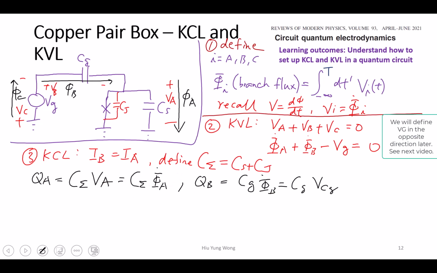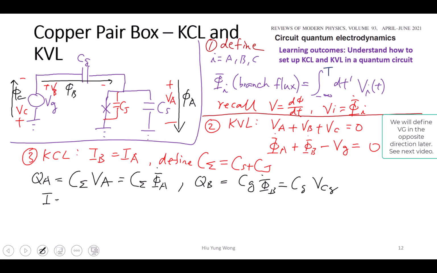This is the way to do that. I first find out the charge. Because I'm doing this KCL, I need to find the current, so I find the charge first. For KCL, this is IB, this is IC. Now I only addressed the charge across the capacitor, but how about the current through the Josephson junction?